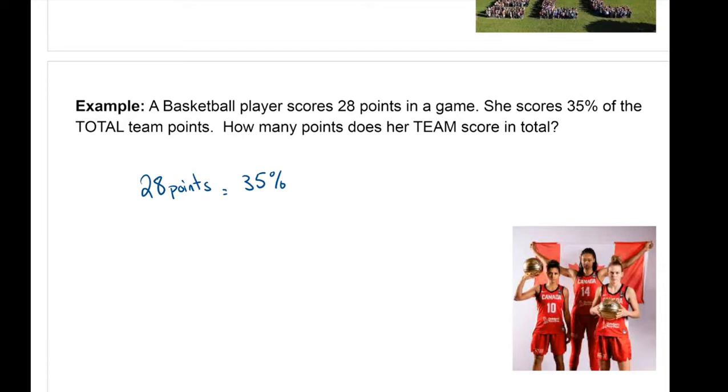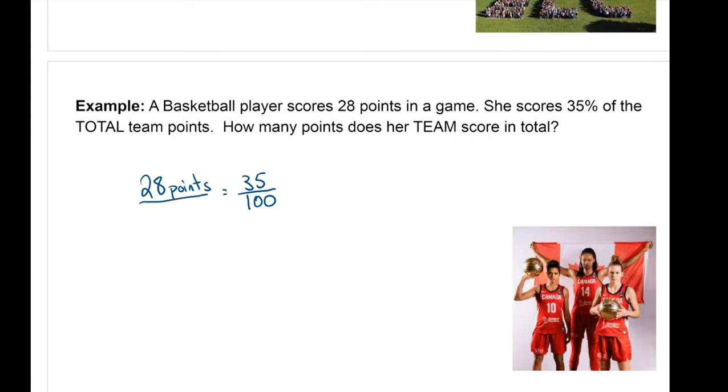If I want to figure out how many points her team scores in total, I need to come up with fractions. 35%, we've talked about, is a percent, or basically per 100. So 35 over 100 is the same thing as 35%. Now, again, we're trying to create an equivalent fraction.